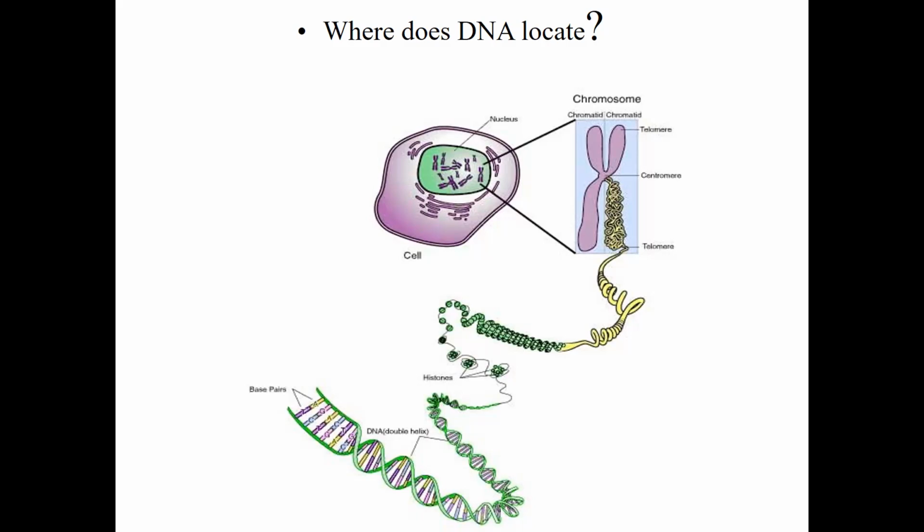So mitochondria also have DNA. Nucleus also has the DNA. In the case of plants, DNA also locates in the plastid. So if I ask you where DNA locates in plants, the answer should be mostly in the nucleus, mitochondria, and also in the plastid.